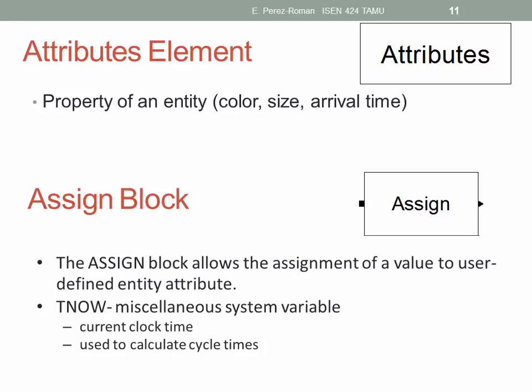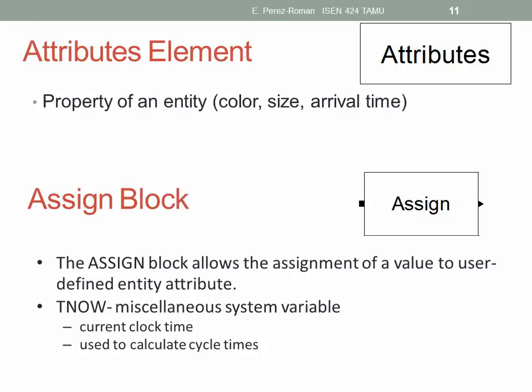For example, if we want to collect information in terms of the cycle time of a part, how much time does it take for the part to get completed? We need to assign an attribute to that part to record the time that the part arrives to the system, and also when you're done with that part, you want to record the time of leaving of that entity, and the difference is going to give you the cycle time. Okay? So that's one example.